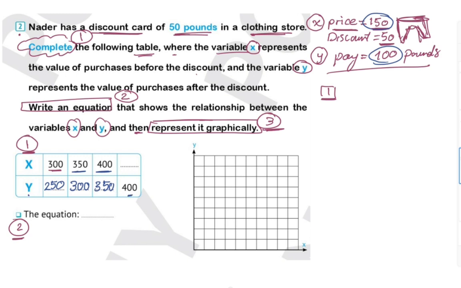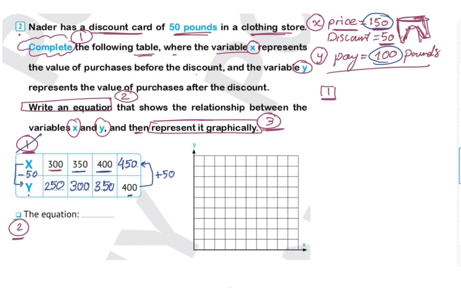Now it's the opposite. Going from x to y, you subtract 50, but the opposite operation, you add 50. If you pay 400, the original price was what? It was 450. So, we finished the first part of our question.